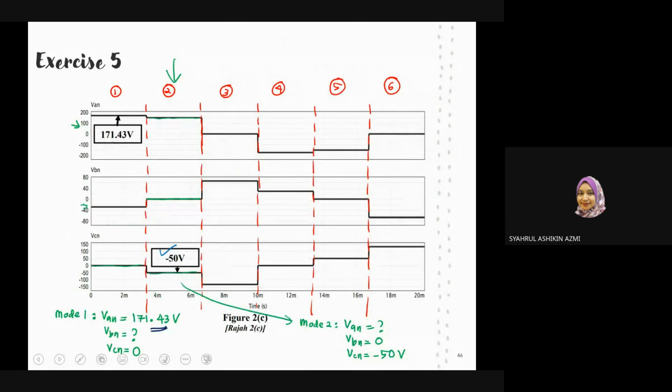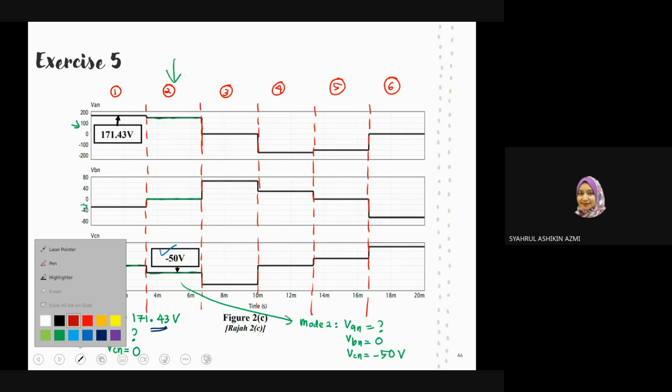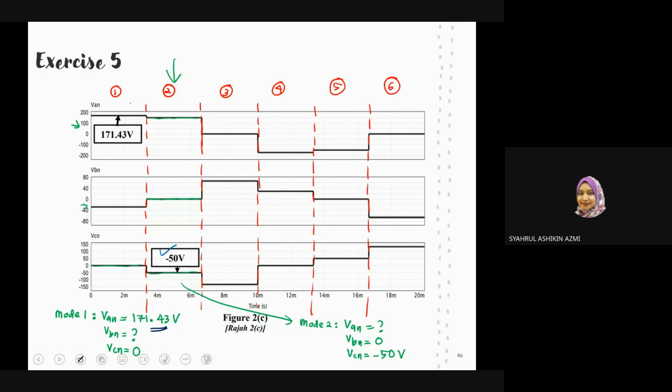it gives us this waveform over here. This is the waveform of phase voltages VAN, VBN, and VCN. If you get this kind of question, the first thing you need to do is draw these dotted lines so that you will be able to identify the modes.